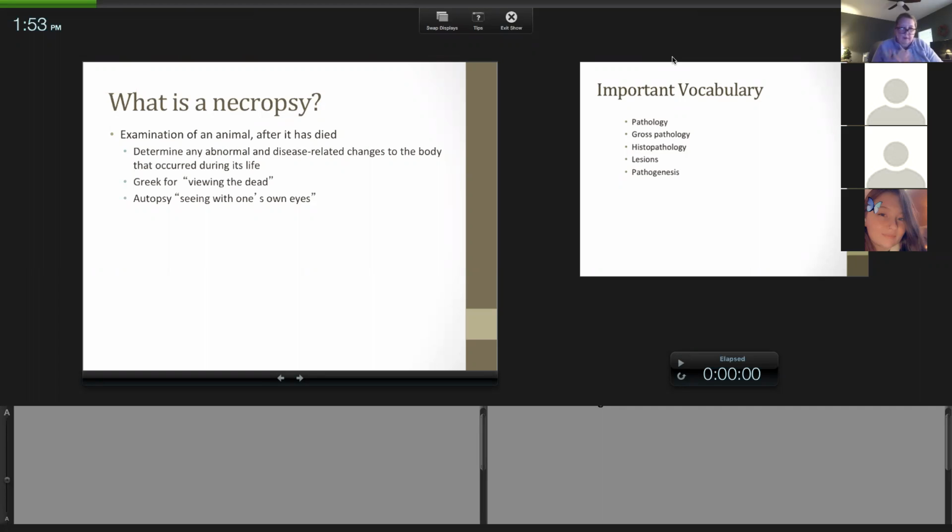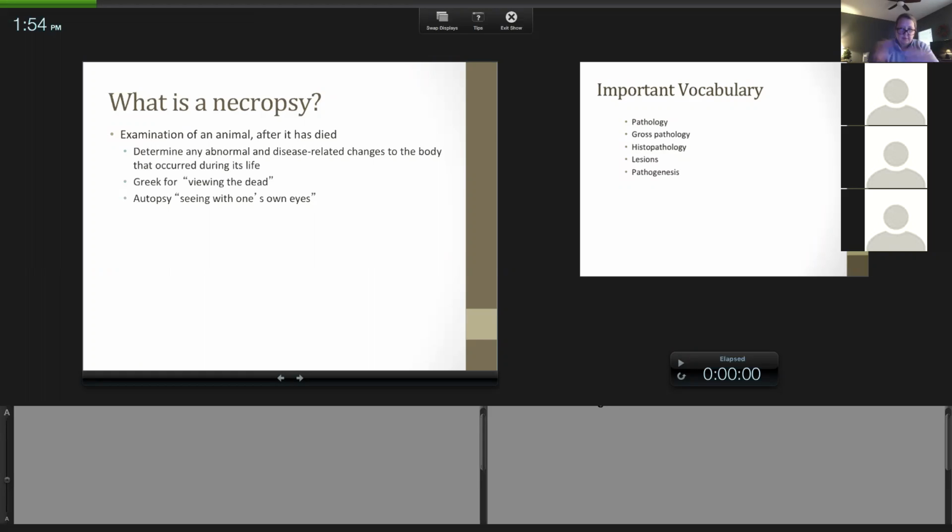So, starting off: what is a necropsy? A necropsy is when we have to examine an animal after it has died. I know in people they use the word autopsy, which means seeing with one's own eyes, but autopsy is usually used in people and necropsy is used in animals.